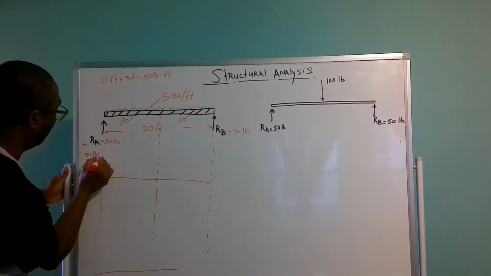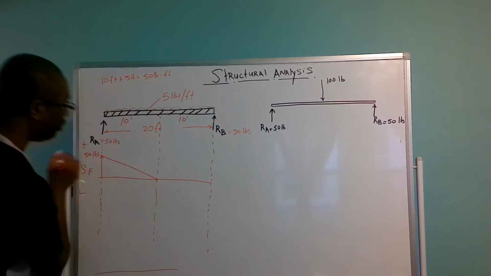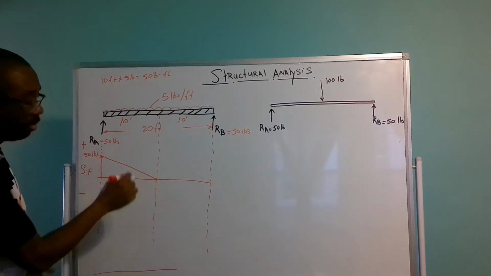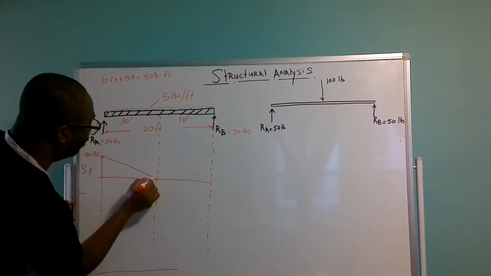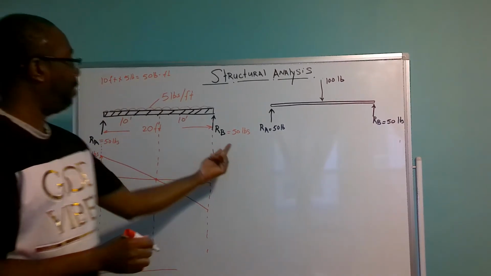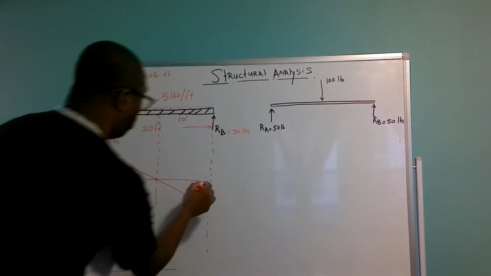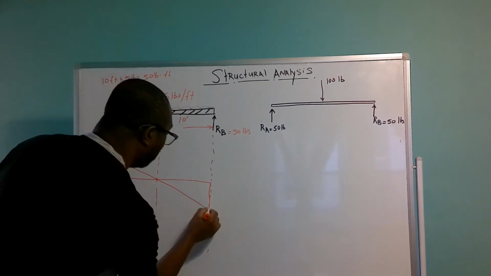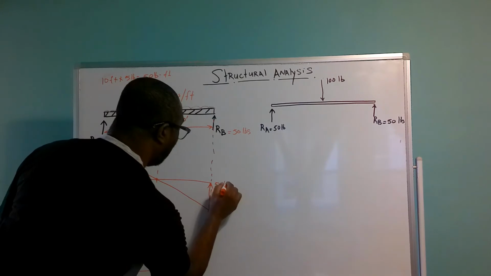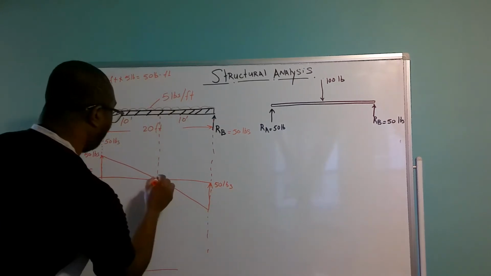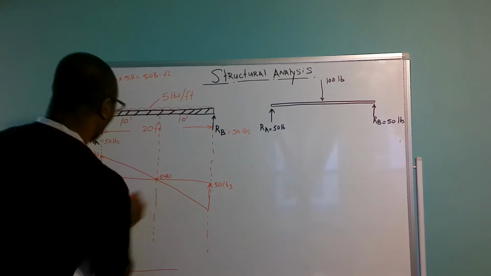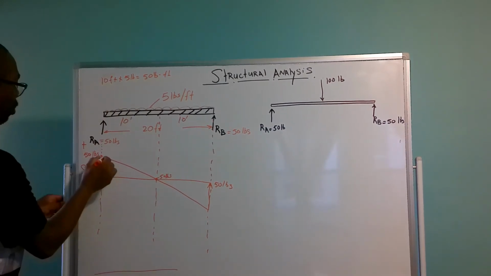So we're going to have it like this, and we have to carry through this. And then we are going back up 50 pounds. So we have 50 pounds here too. And our shear force diagram is going to look something like this.